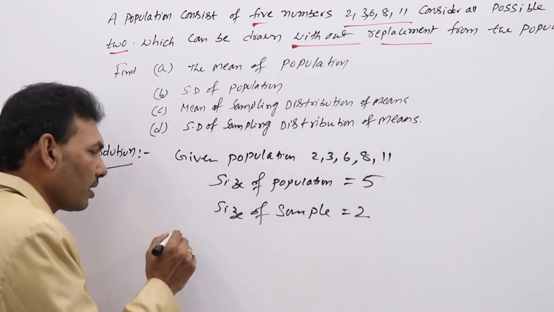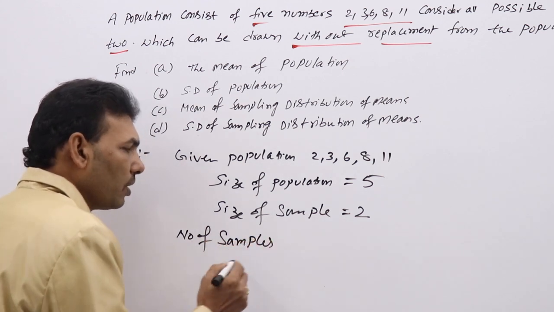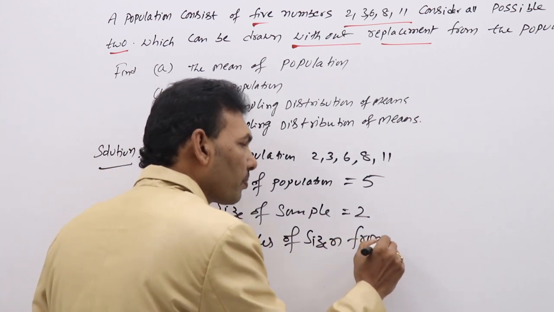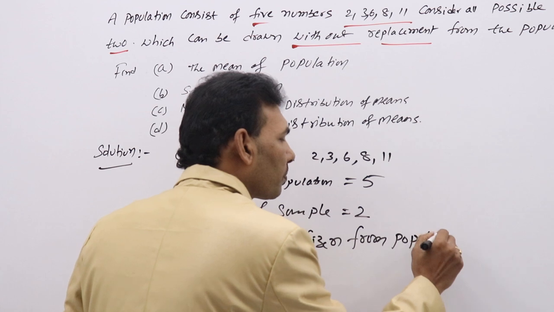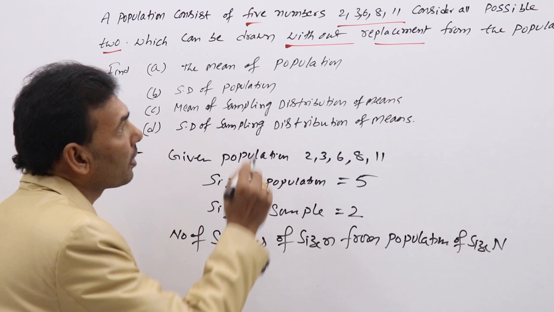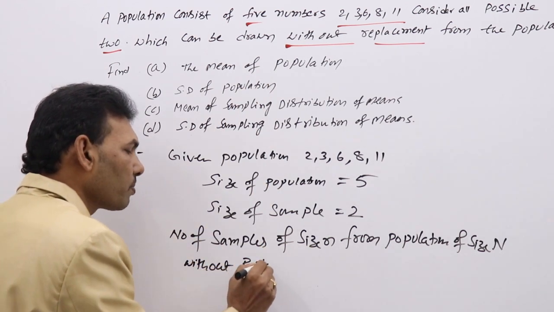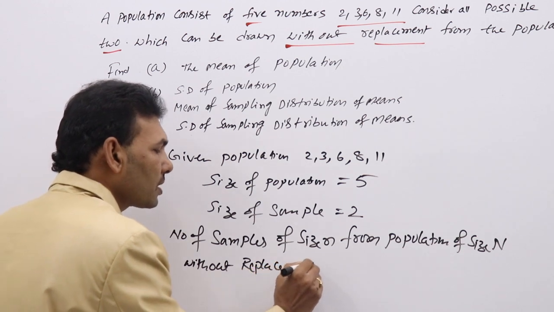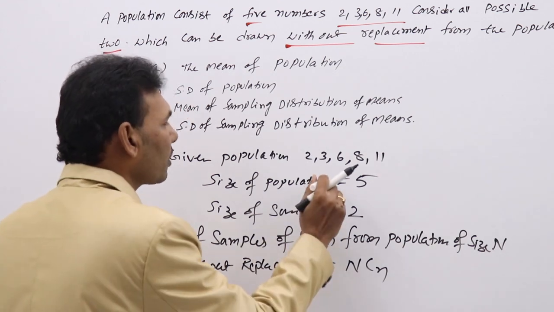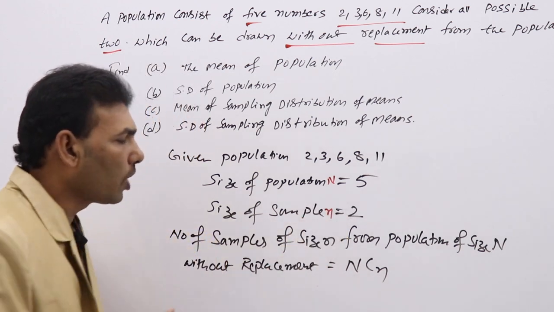So here the number of samples of size n from a population of size capital N without replacement is NCn. Here the size of the population is capital N and the size of the sample is small n.